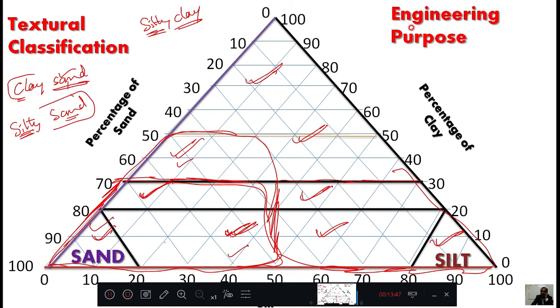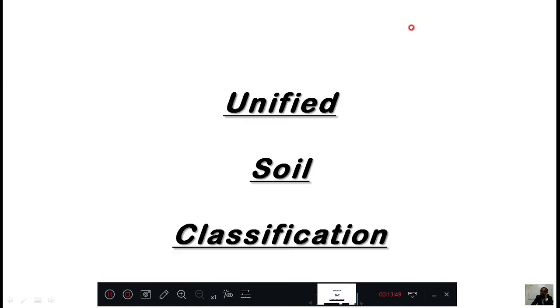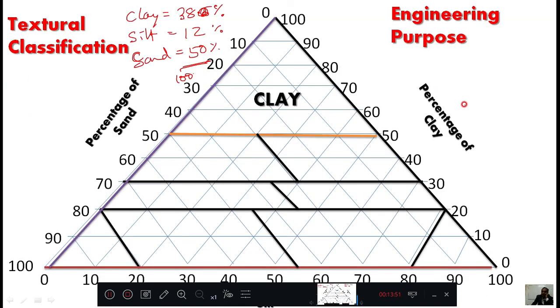Okay, that I will write it here: clay will come like this, silt will come like this, and sand will come like this. This is sand, this is clay, and this is silt. Now the percentage is given that clay is 38%, and this is clay, therefore 38% will be here, between 30 and 40.